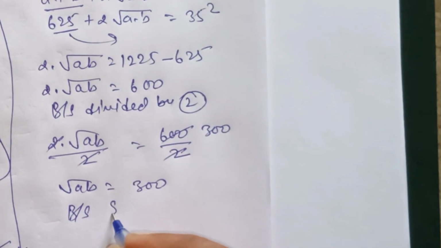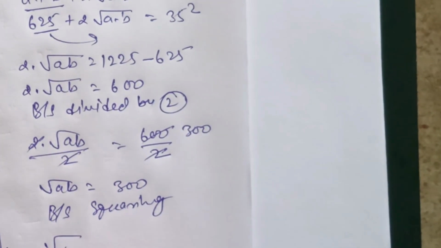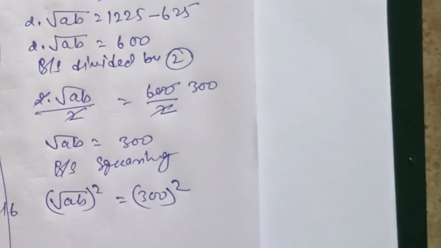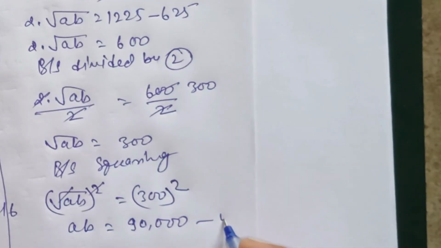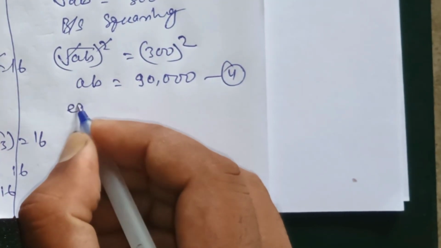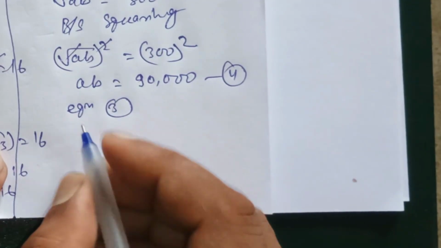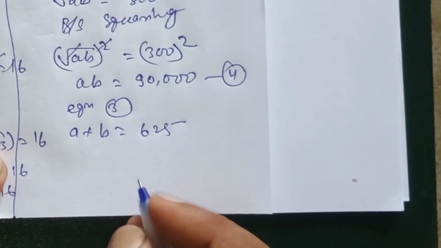Squaring both sides: root under ab whole square is equal to 300 square. The root and square cancel, so ab is equal to 90,000. This is equation number 4. After that, equation 3 says a plus b is equal to 625.